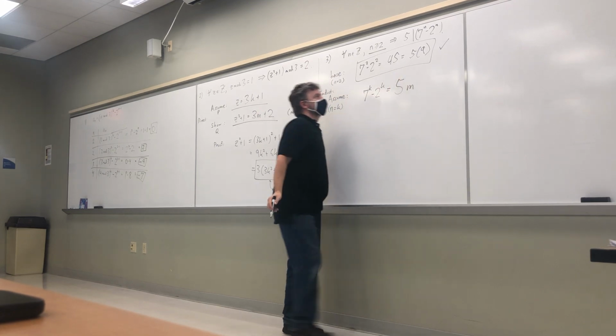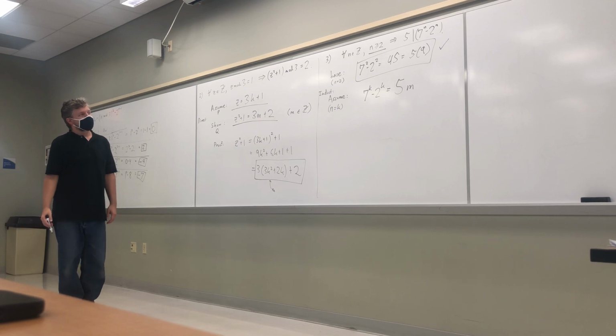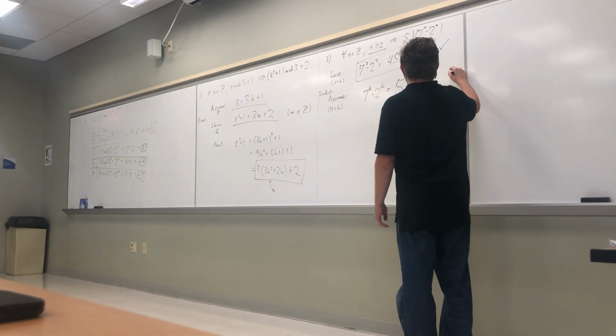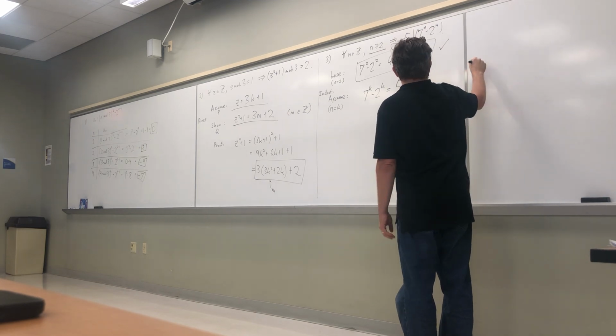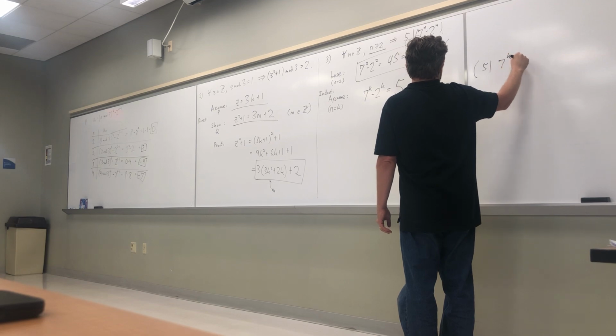So I did turn it into an equation there. If you wanted to do some work on the side and say 5 divides 7 to the k minus 2 to the k with the division bar, that's okay. That would be all right. That's why I wrote this. It's 5 divides 7 to the k minus 2 to the k.